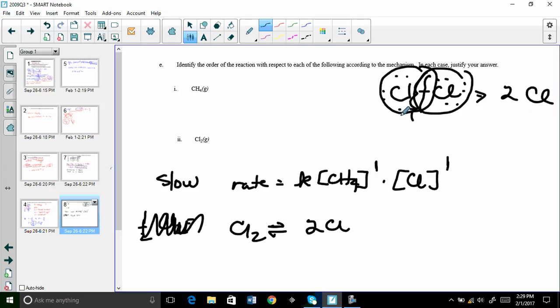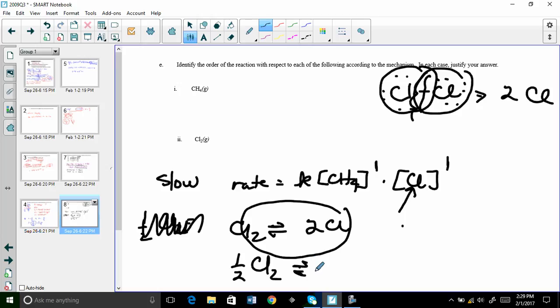Or another way of doing this is if you solve this for Cl, because we got to get Cl out of here, 1/2 of Cl2 is Cl.